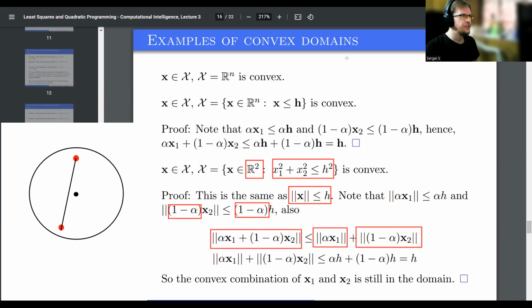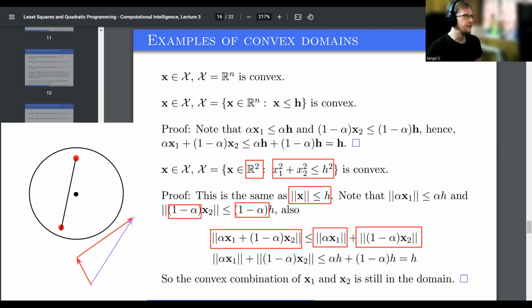Why? Well, this is one of those fundamental theorems. It says the norm of the sum of vector 1 and vector 2 would have to be less than or equal to the sum of the norms.